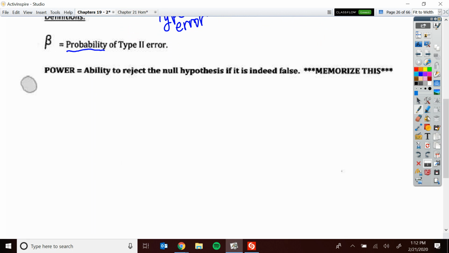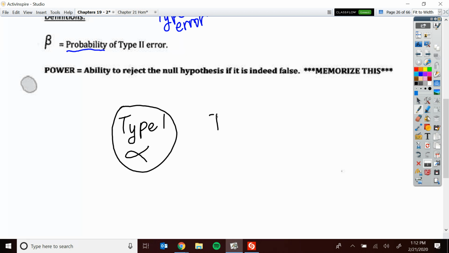So in summary, we're going to write this down and start a little memory device. We know that the probability of a type 1 error is alpha, and we put that in a circle. The probability of a type 2 error is beta. We put that in a circle, and they are inversely related.